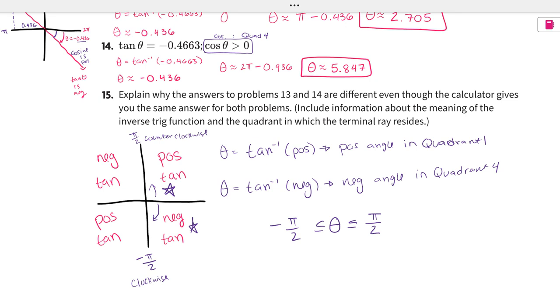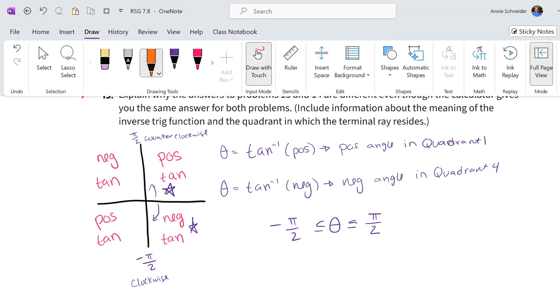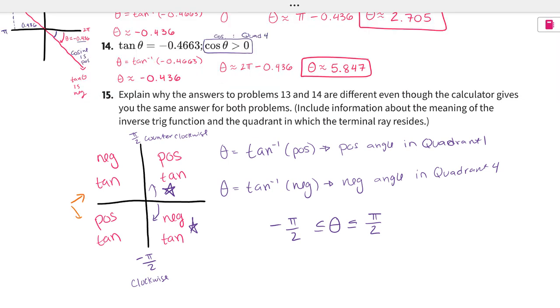So this once again relies on us understanding that our calculator won't give us an angle in quadrants 2 or 3.